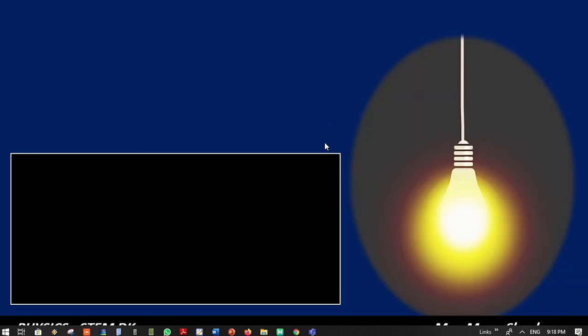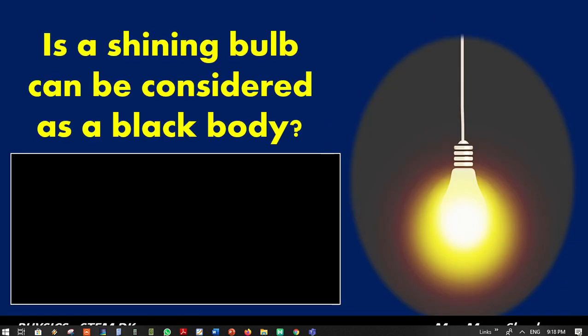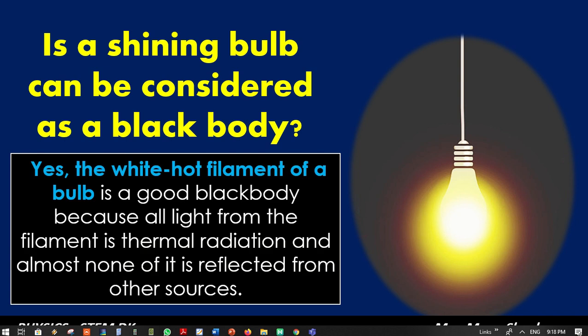If I asked you, can a shining bulb be considered a black body or not? Can you think of that? Yes, the white hot filament of the bulb can be considered a good black body, as all the light from the filament is thermal radiation and most of it is not reflected from other sources.